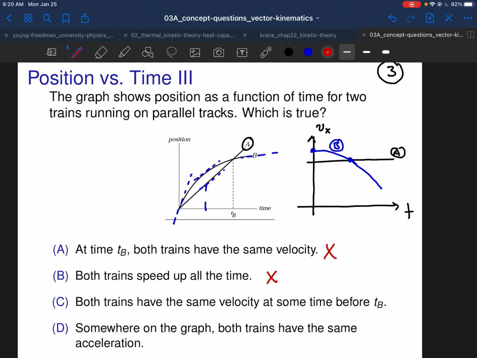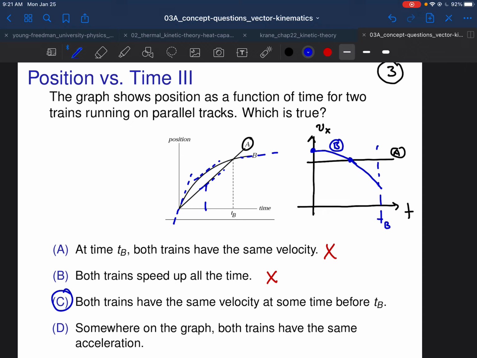Not true. B: both trains have the same velocity at some time before tb. Well, that's definitely true, because tb was here, and we found that they had the same slope at some moment in time, which corresponded to here on the position graph. So that one is true.